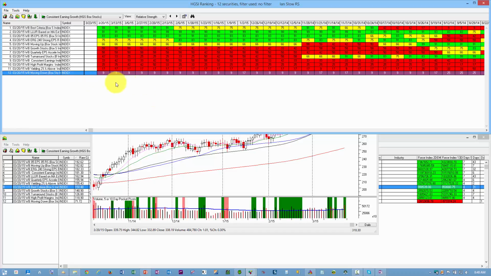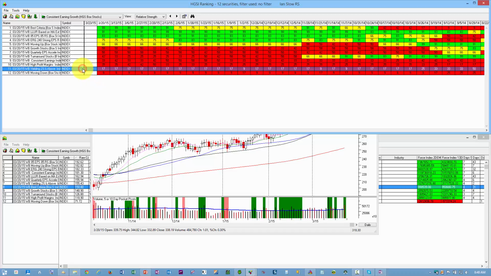And of course the box stocks moving down would be at the bottom, which you would expect. Yielding 2% and above, not yield is not necessarily the place to be.